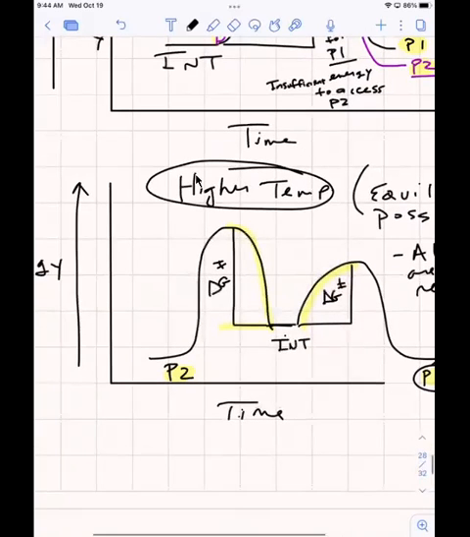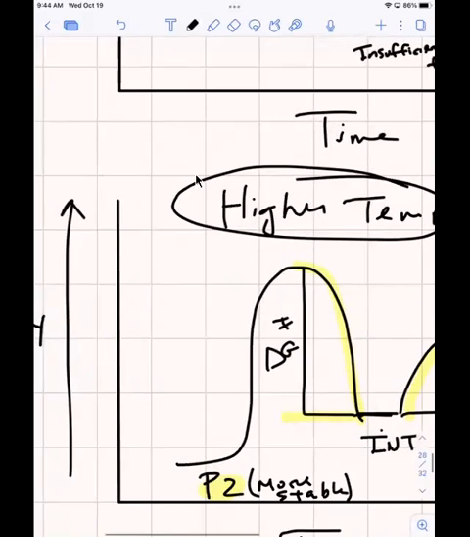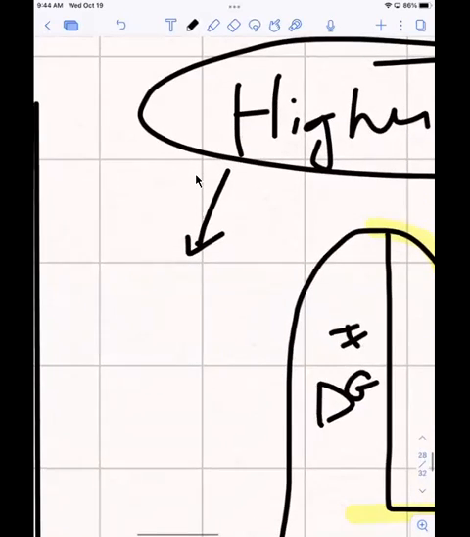So at higher temperatures, you got more energy. The activation barrier is no longer an issue. So P2 is going to predominate under higher temperatures if it's the more stable product. So that's what that means.